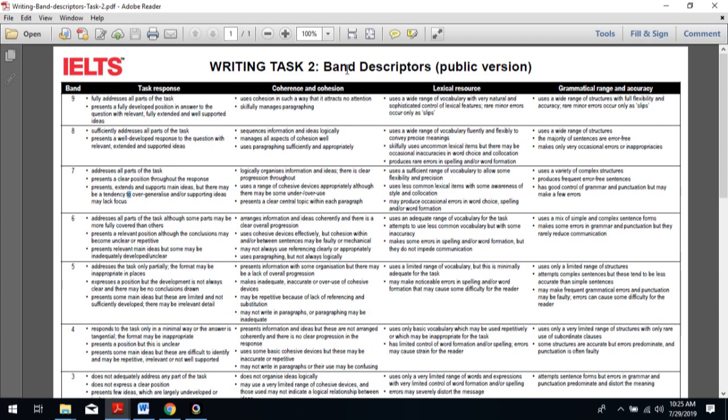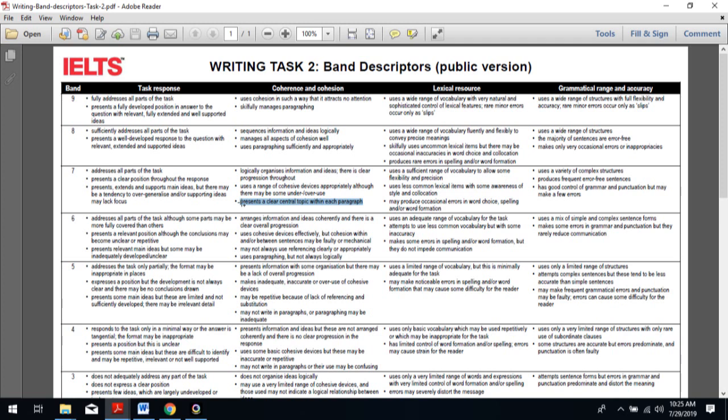You should present a clear central topic within each paragraph. This means that you should have a topic sentence at the beginning of the paragraph. If not, then at least all your sentences should be united and should talk about one main topic.